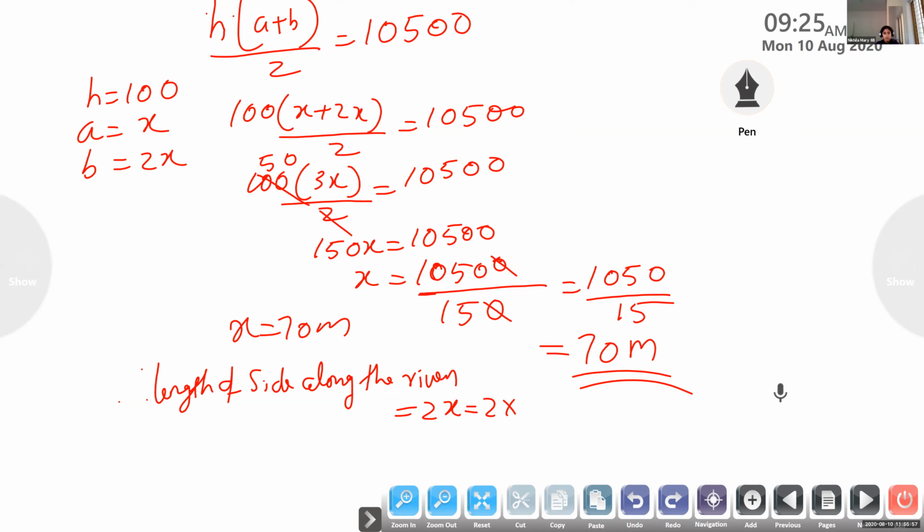So 2 into 70 equal to 140 meter. The length of the side of the trapezium along the river is 140 meter.